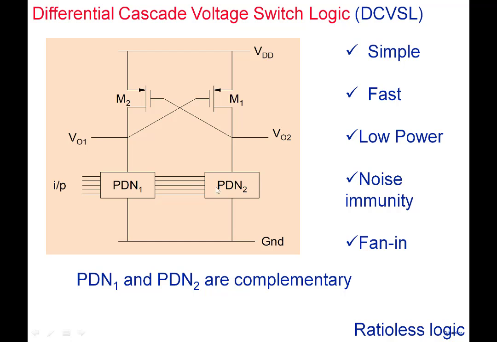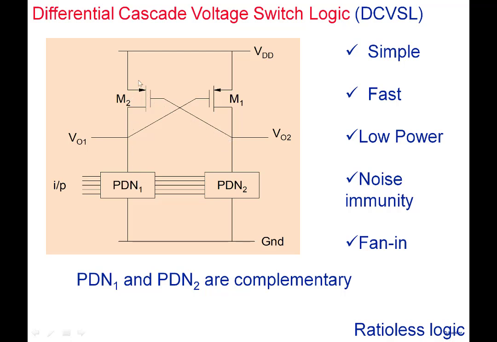Note that if PDN1 is active, if this path is active, then V01 is 0. The 0 here will go here, will turn the PMOS on, and this part is inactive. If this is inactive, there's no path to ground, so this output is high, and this high will go here and will turn it off.